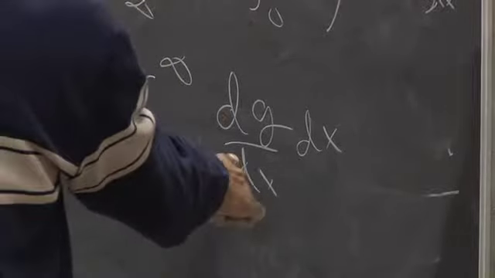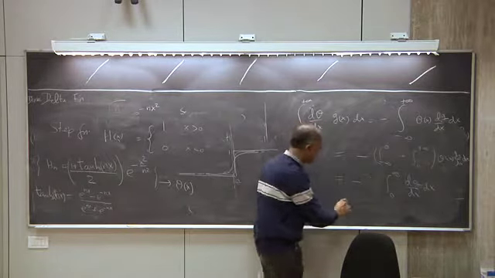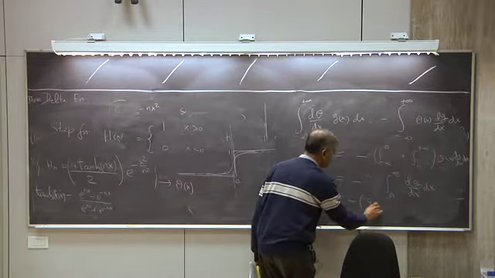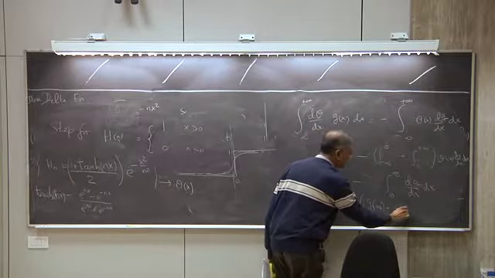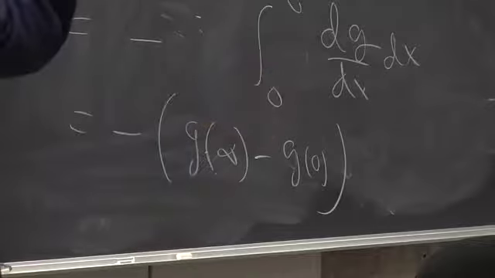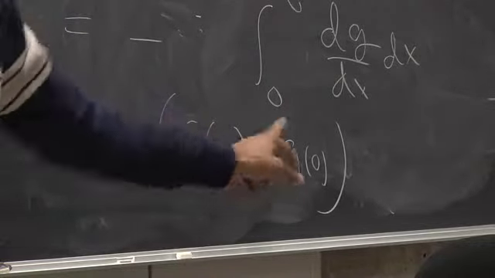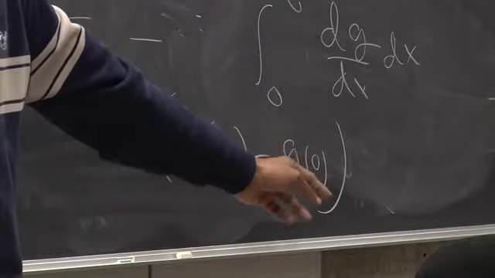So this simply gives me a boundary term, g at infinity minus g at 0. So this gives me minus, g at infinity minus g at 0. Okay, g at infinity is 0 because G is a good function, so it vanishes. So this goes out, and we are just left with minus minus plus, plus g of 0.